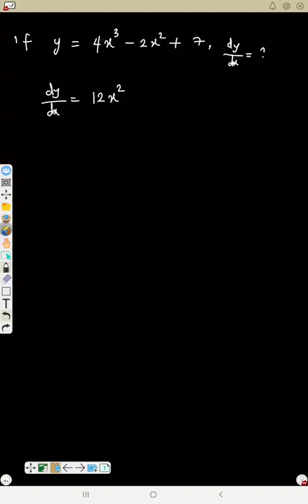How? Because this 3 will multiply the 4, then minus 4x, because we say 2 times 2 is 4, then plus 7. This one does not have x, it becomes 0. So that is the answer. Hope you are getting it. So now I can send questions on these ones. We should just solve generally, since we have known the concepts before we proceed.